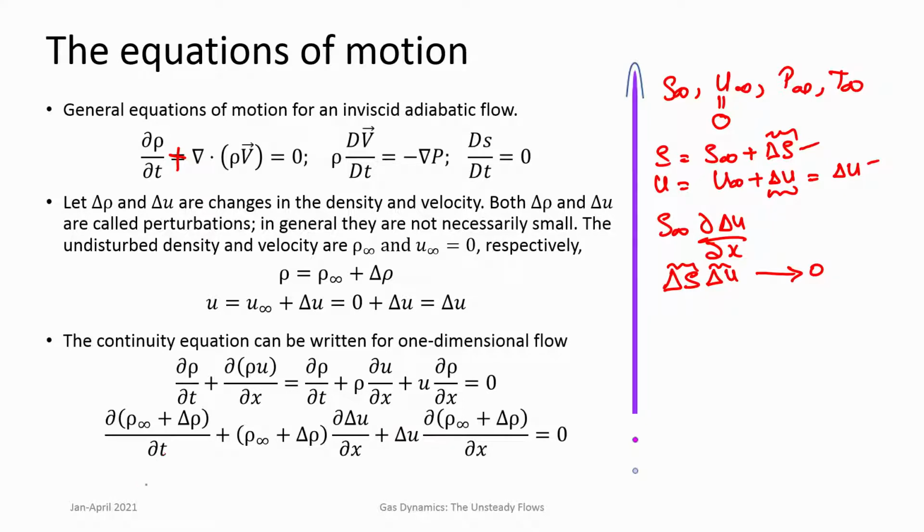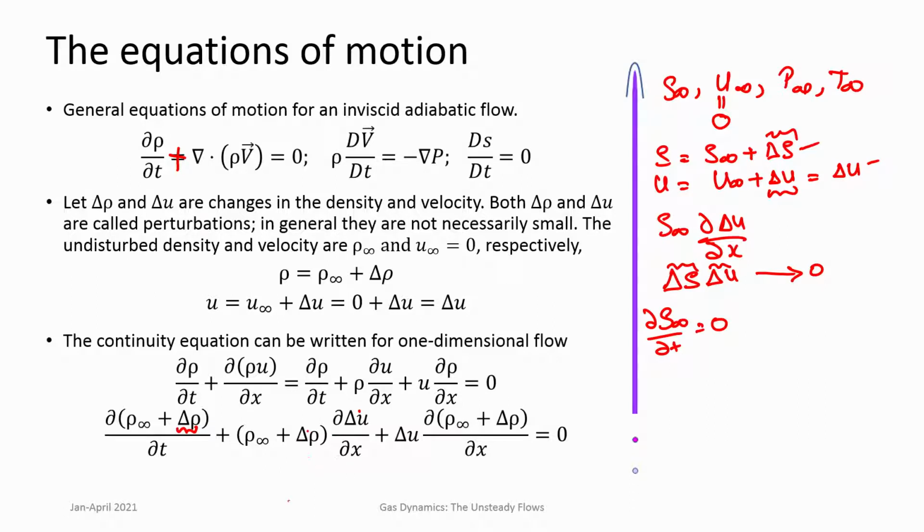You see that there is a ∂Δρ/∂t here; this term is significant. ρ∞ is the quiescent medium's density, this is a constant, so ∂ρ∞/∂t is 0. Now if you look at the multiplication of Δρ with ∂Δu/∂x, it is going to be extremely small.